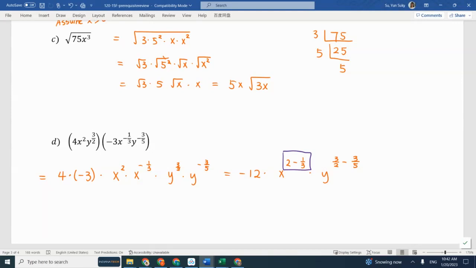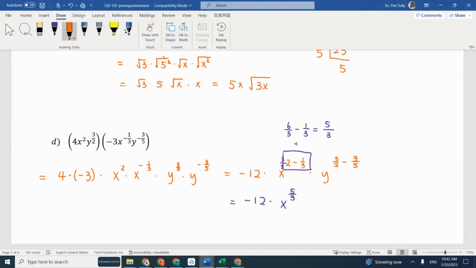You multiply by 3 on top and the bottom. You get 2 times 3 is 6/3 minus 1/3 is 5/3. So negative 12, x to the 5/3.